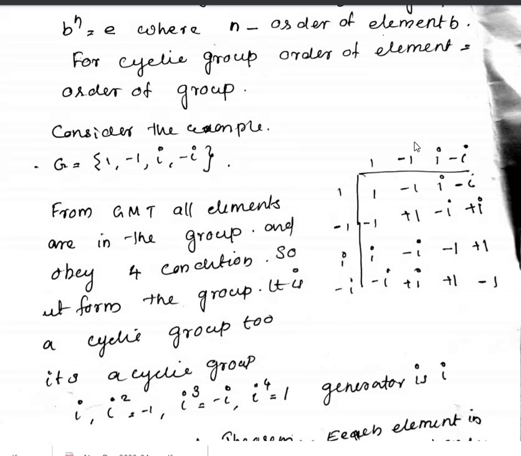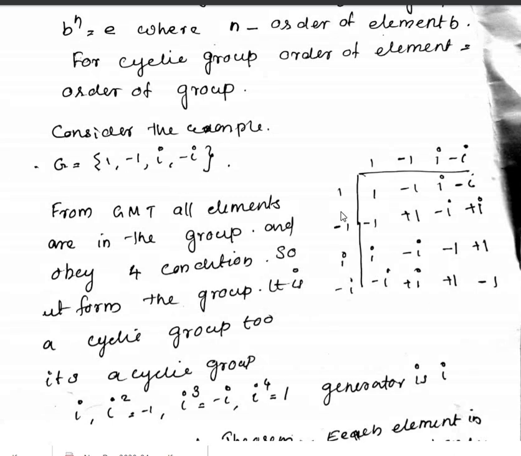So when we do this multiplication, we will get all the combinations of the elements here. All the combinations of these elements are in this group.